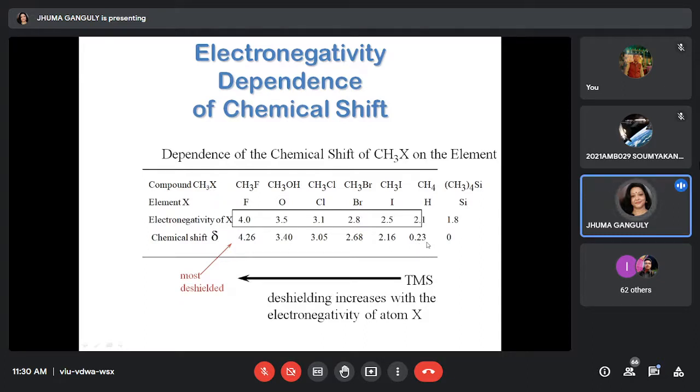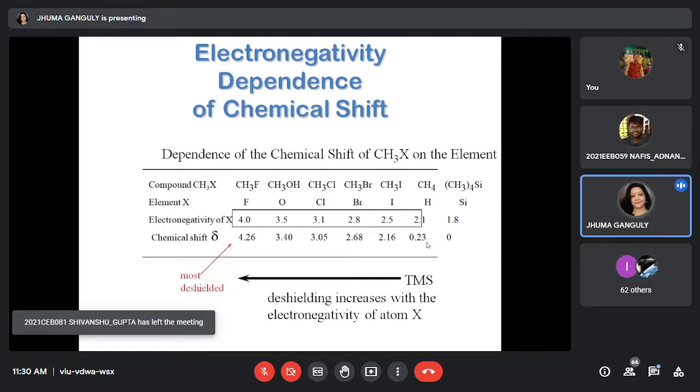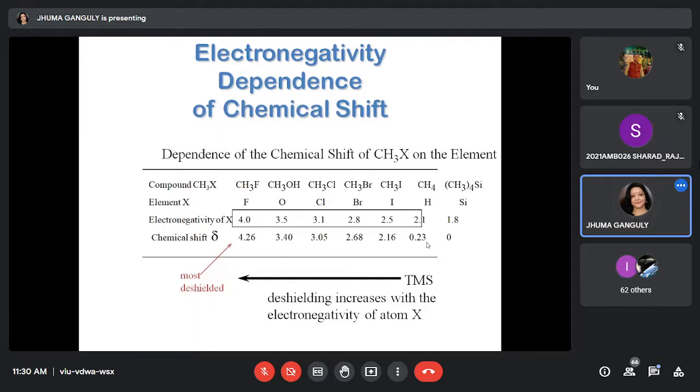Replacing one proton by fluorine gives a large shift of the proton towards the downfield. That is the beauty of NMR. The signal can be identified and you can understand the surrounding chemical structure, the backbone of a particular protein.